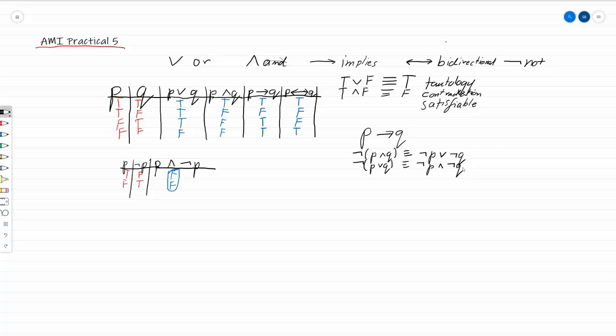So not P and not Q. Cool. And P implies Q doesn't really fit into this not idea. If we have our not on our P implies Q, there's not really anything we can directly do with that. What we can do is note that P implies Q is actually the same as not P or Q.